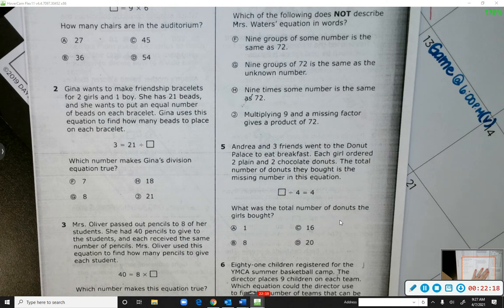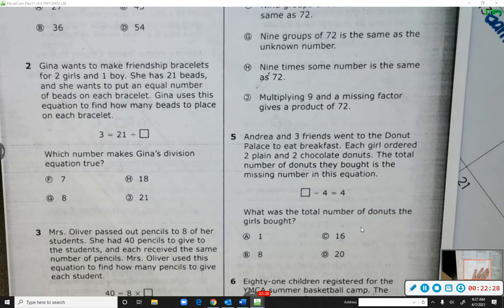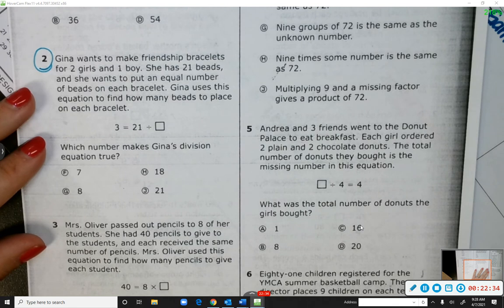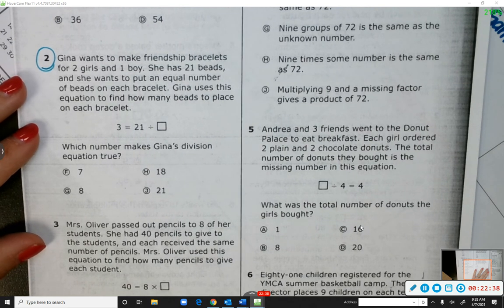They all look easy. Okay, so number 2 it is. Circle it. Circling it lets us know, or your parents know, those are the ones we did together.